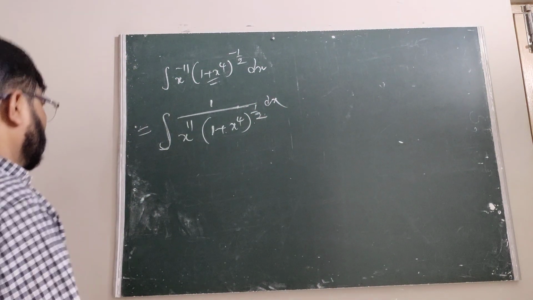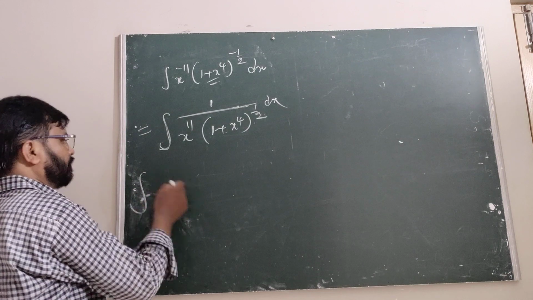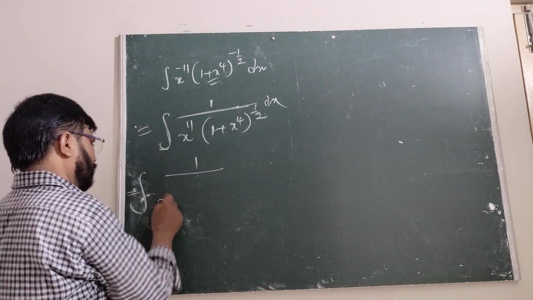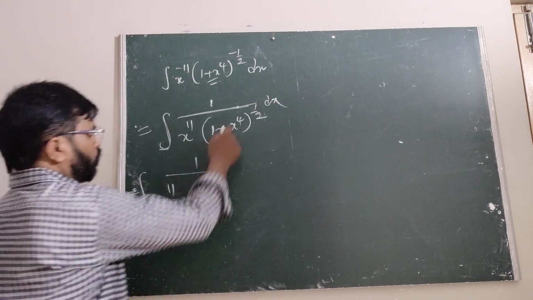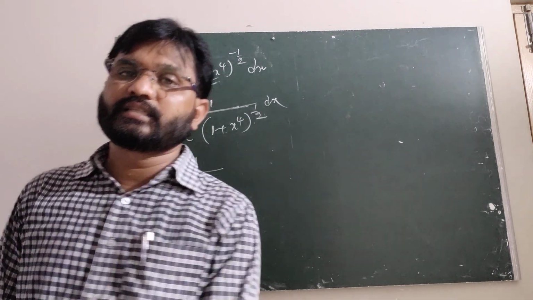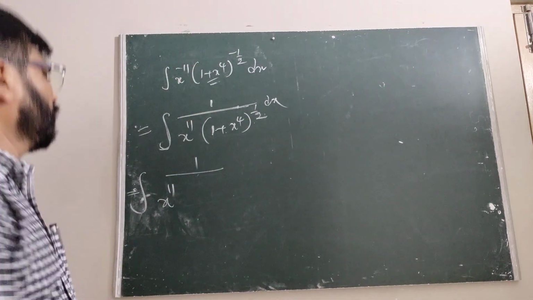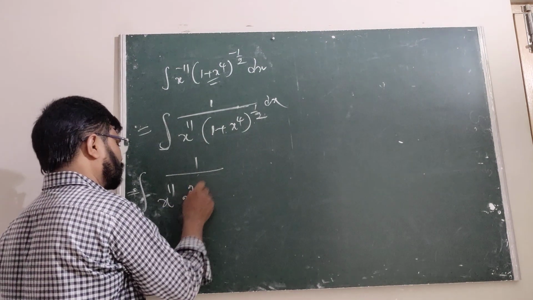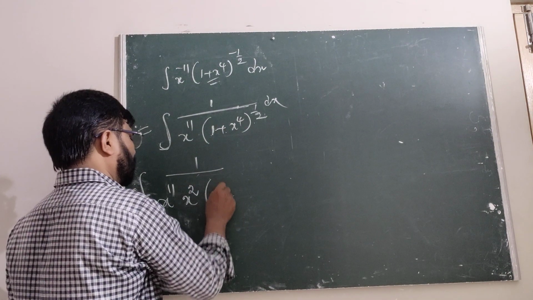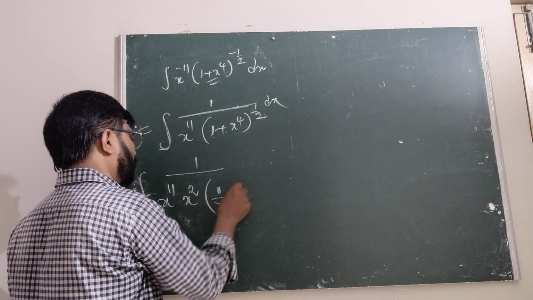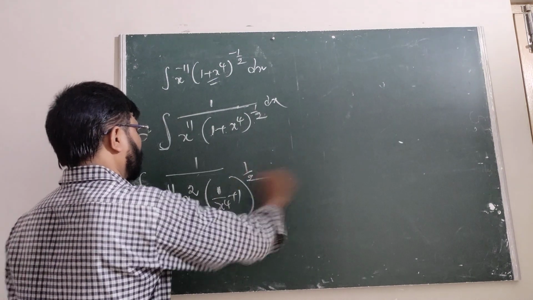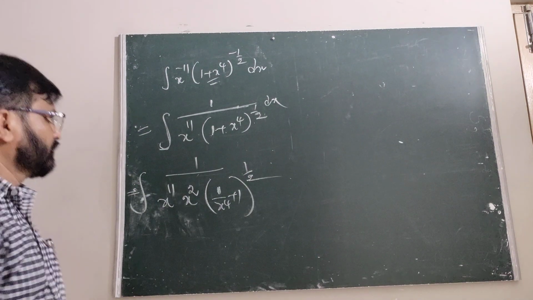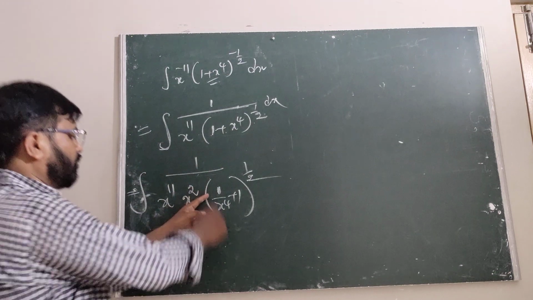How to write this one? Here the integral 1 upon x power 11, we are taking the common factor x power 4. Now when we are taking x power 4, undoubtedly it will be x square. Now this is 1 upon x power 4 plus 1 whole power 1 by 2. What are we taking as the common factor? x power 4 is the common factor.